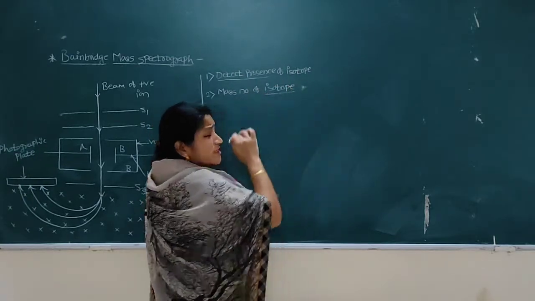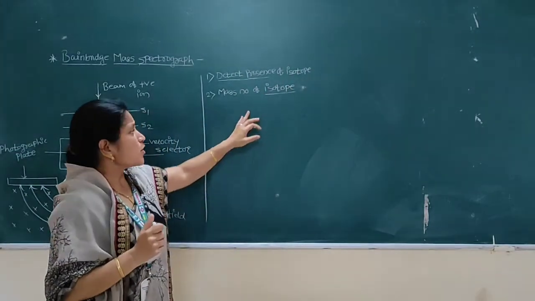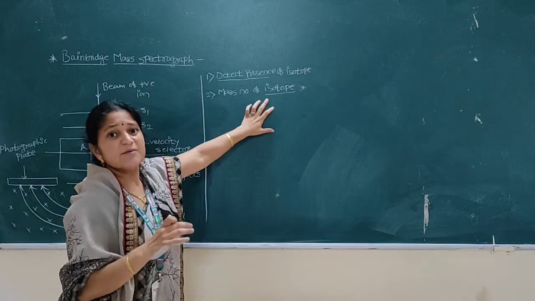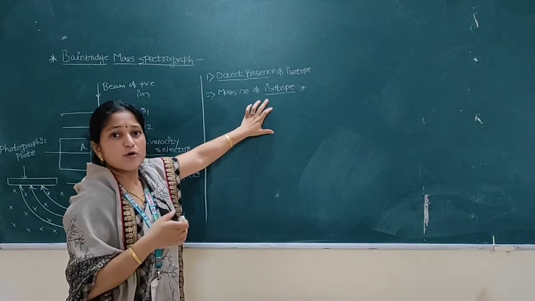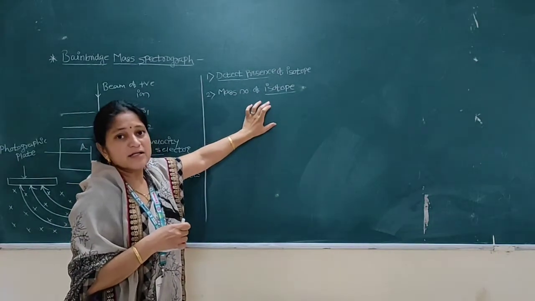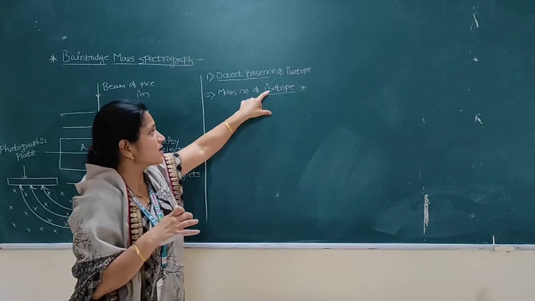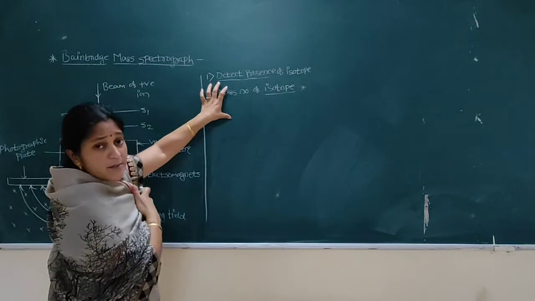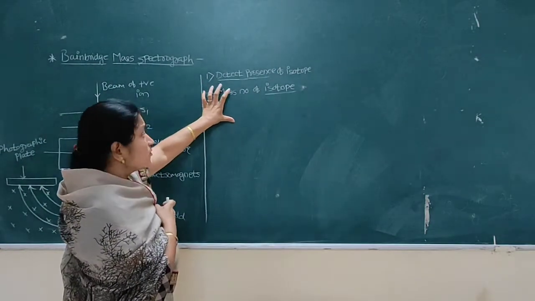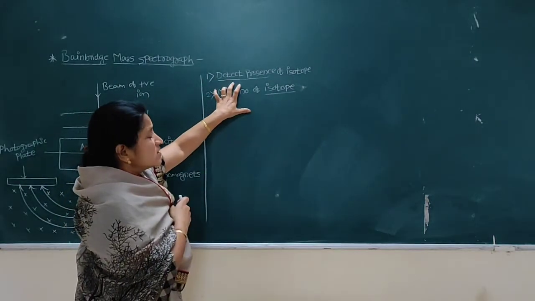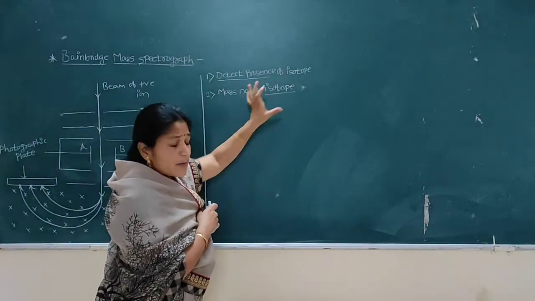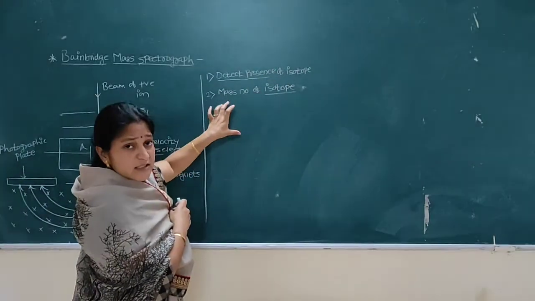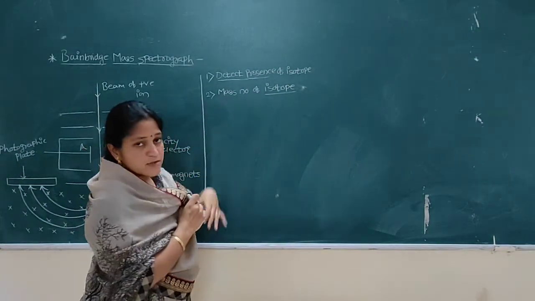So we should know what is meant by isotope. Isotopes are elements having the same atomic number but different atomic weights. So this mass spectrograph is used to detect the presence of isotopes and also to determine their mass number.